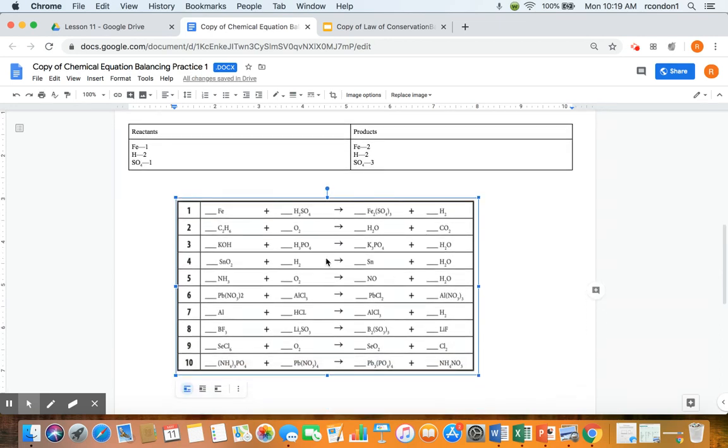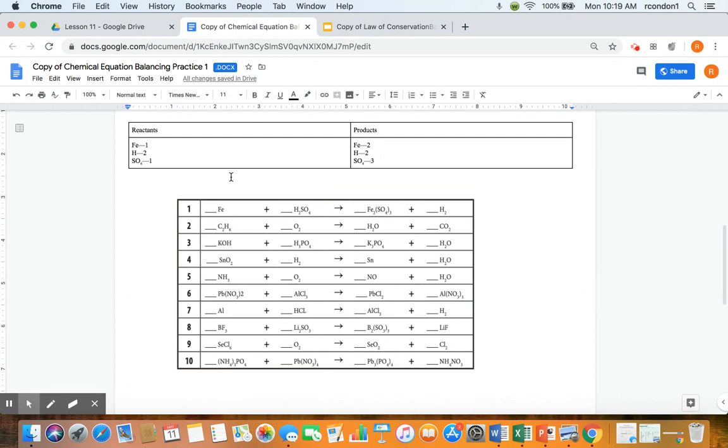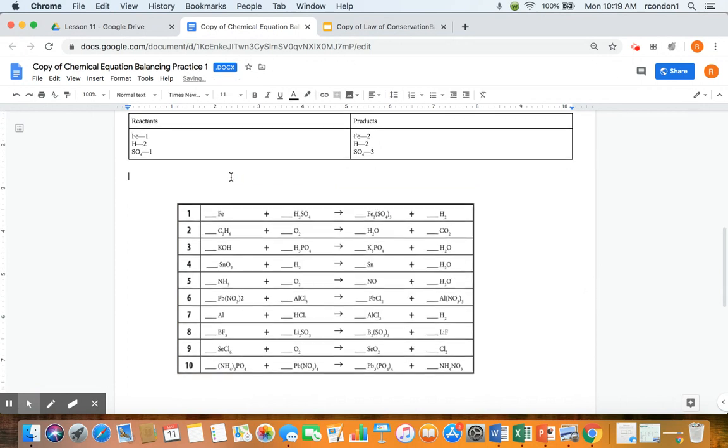So now we need to write out our equation. So iron, let's see, Fe, plus H2SO4. Let me make this a little bit bigger.